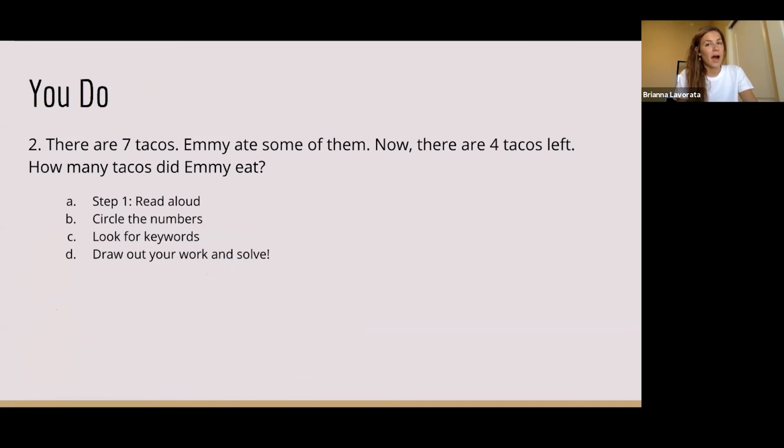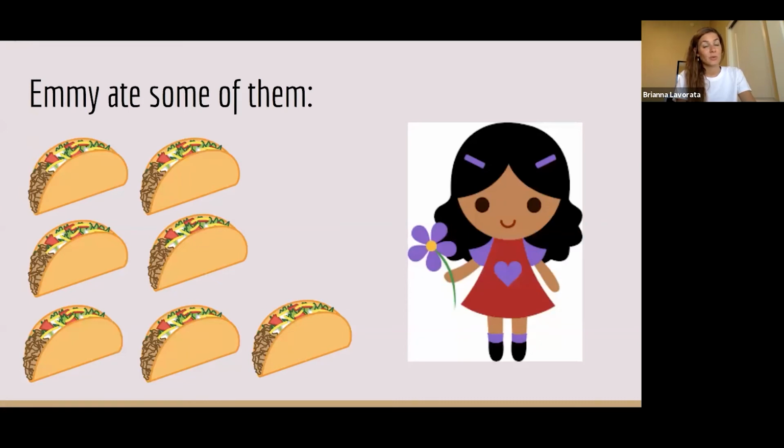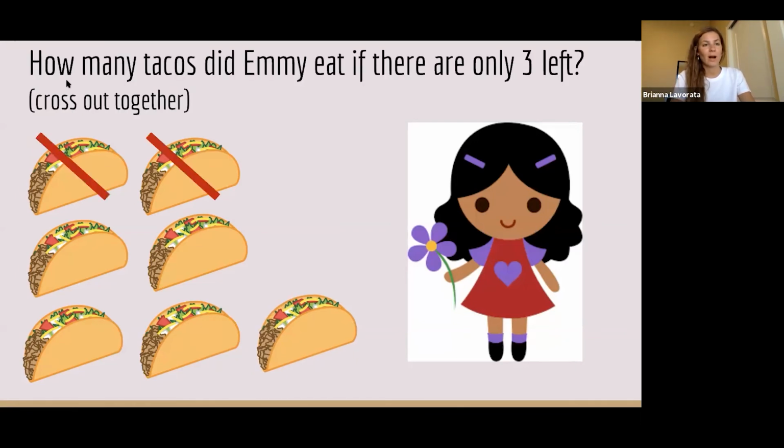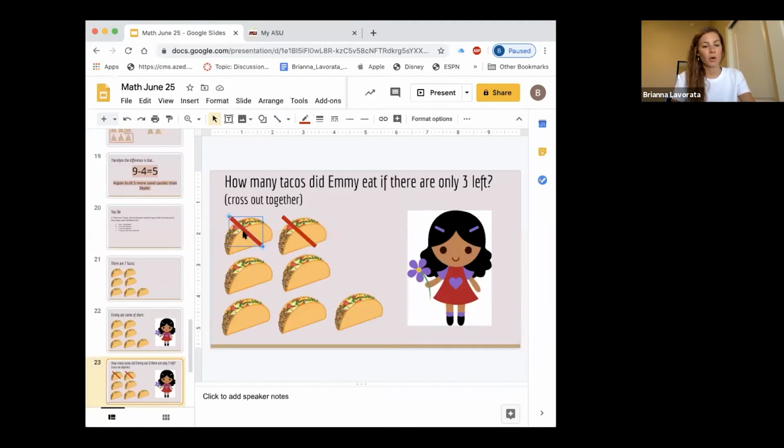So think about how can we figure out 4 tacos being left? So we know Emmy ate some of these tacos. Here's Emmy. But how many did she eat? Well, let's go ahead and cross these out. I already started it for you. So we cross out how many Emmy ate, right?